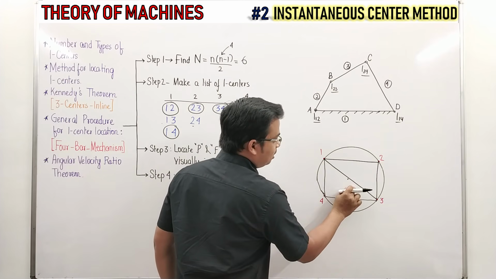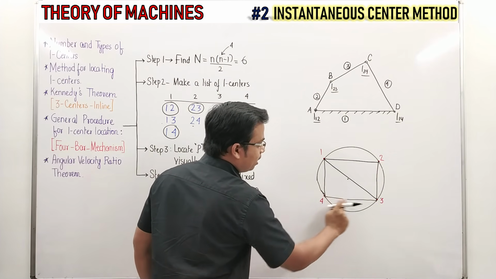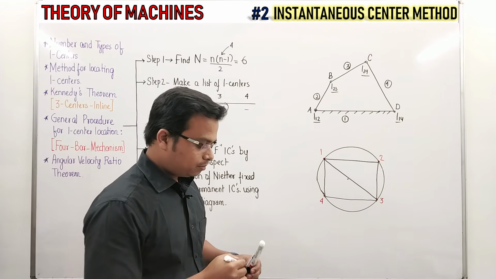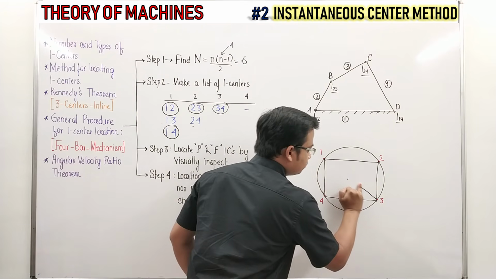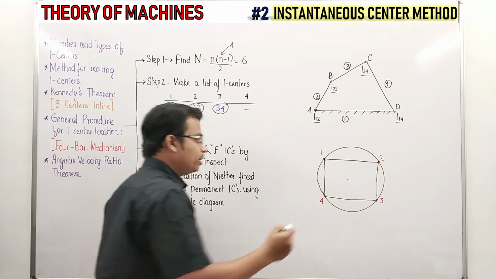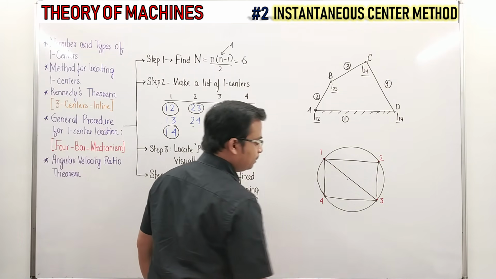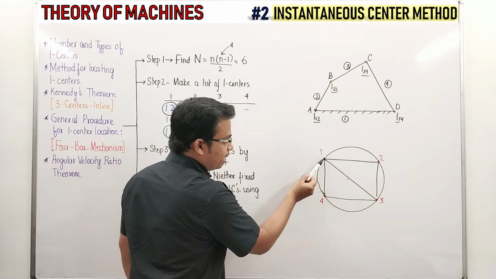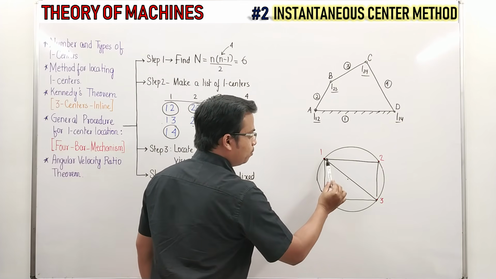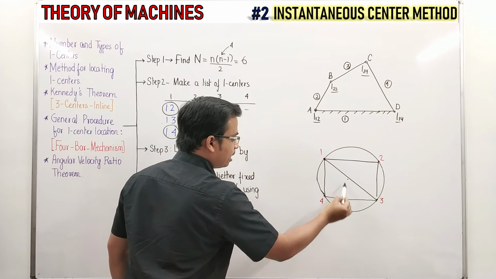Now this 1, 3 is actually a part of this triangle 1, 2, 3 and also a part of triangle 1, 4, 3. Let me repeat. Let me erase. Let's say we want to locate this I center 1, 3. So join 1 with 3. Now this line 1, 3 is a part of triangle 1, 4, 3 and it is also a part of triangle 1, 2, 3. Let us focus on this triangle.